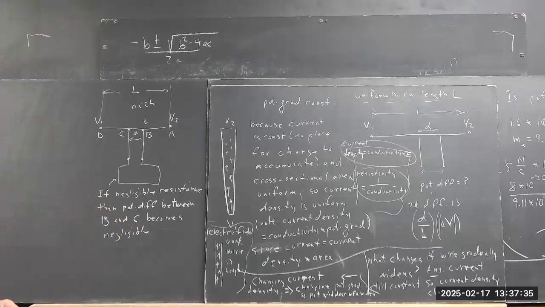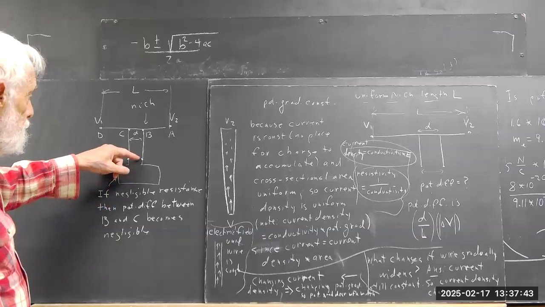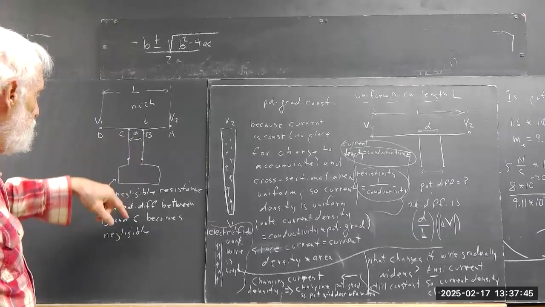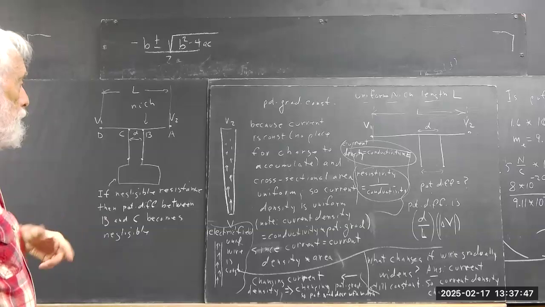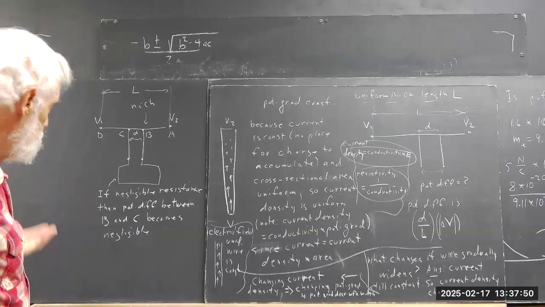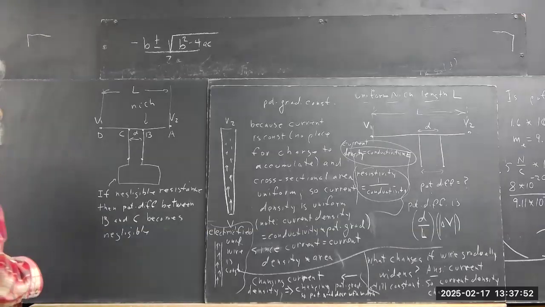Essentially infinite conductivity. Then this point, this point, this point, and this point are all going to be at the same potential.